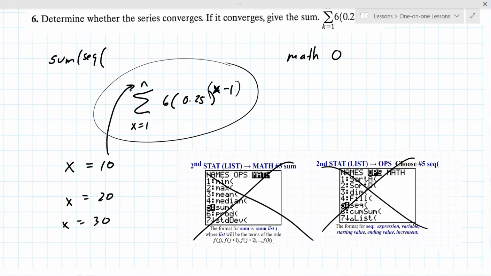Maybe I'm in the wrong mode. Equals 1 times 0.25. And then that is x minus 1. Oh, okay.